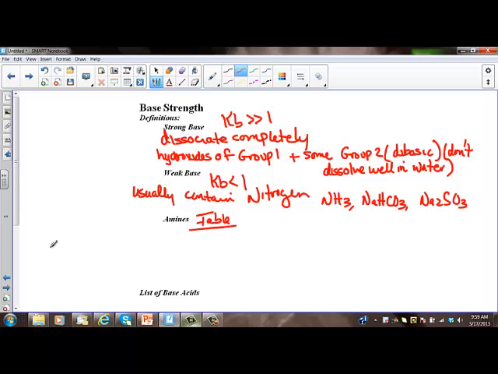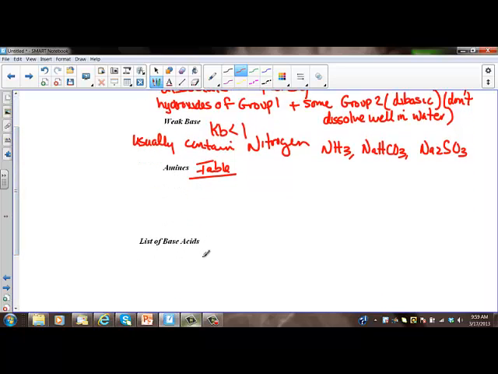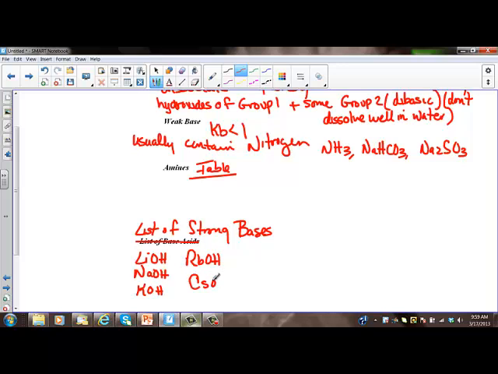All right. A list of bases. This should say list of strong bases. As I said, most of your group 1, so you have your LiOH, your NaOH, your KOH, your RbOH, and your CsOH.